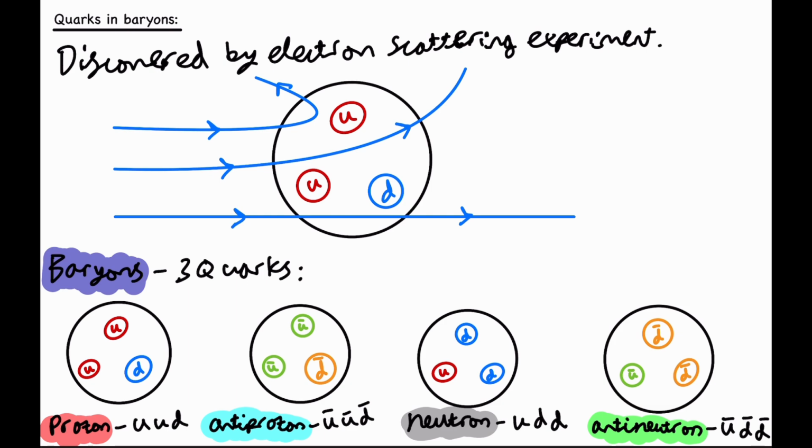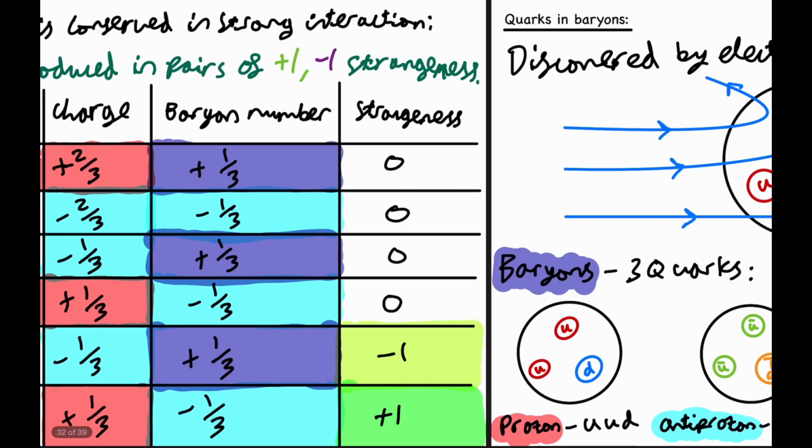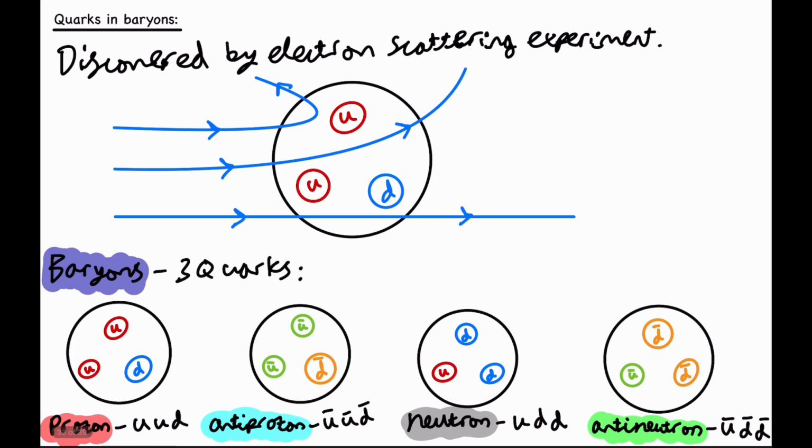And then for a neutron, you have up, down, down, or UDD, and you can use the table again, this table over here, to calculate the charge of a neutron. So you have minus 1/3, minus 1/3, plus 2/3, which should add up to make 0. And then when you have an anti-neutron, you have just basically the same as a neutron, but all anti-quarks, so anti-up, anti-down, anti-down.